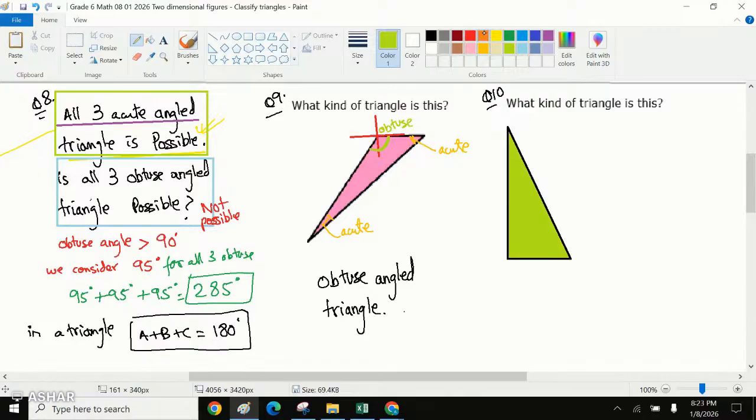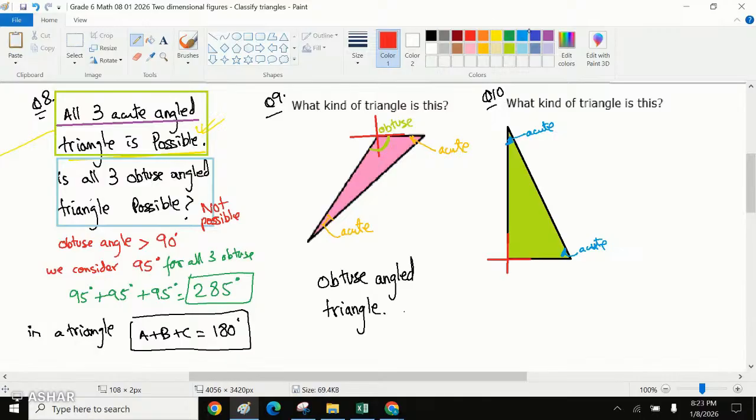We can say this angle was acute, right? This is also acute. But when we look at the third angle, if we make a plus sign over here to see if it's obtuse or not, what we see is it's perfectly lying on the plus sign.